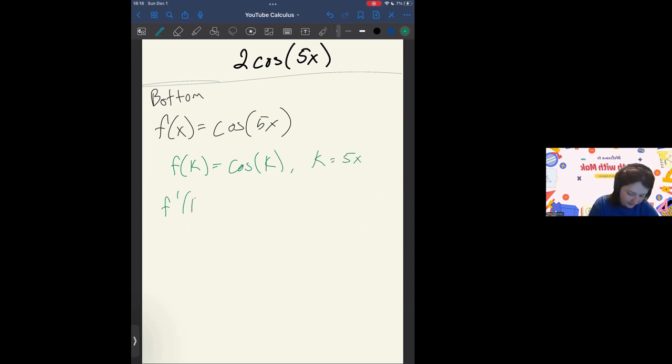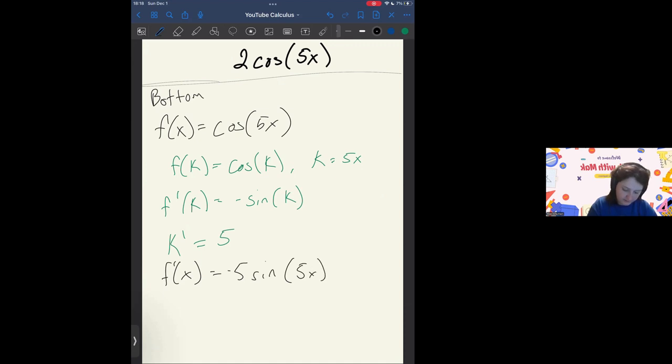So the derivative of f of k is negative sine of k, and the derivative of k is 5. So now we know that the derivative of f of x is negative 5 sine of 5x.